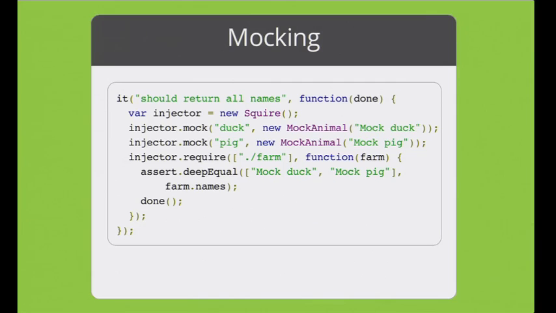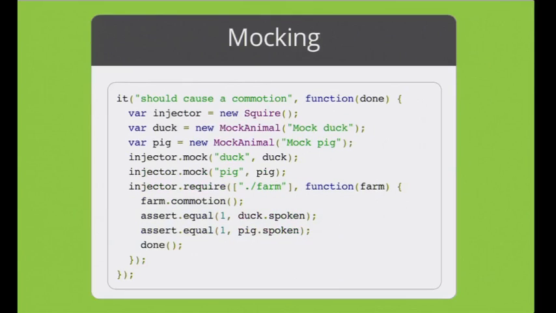So here you can see that I'm mocking my dependencies, and we've got another test here. This time, rather than putting mock animal directly into the injector, I'm capturing these references to duck and pig, and so then I can call my farm.commotion and assert that each one was called once.